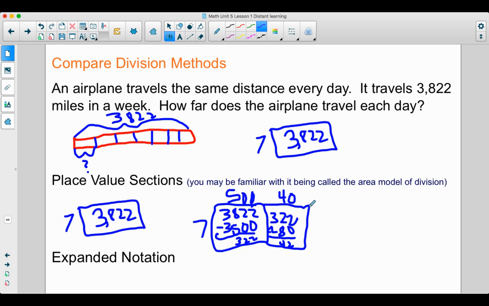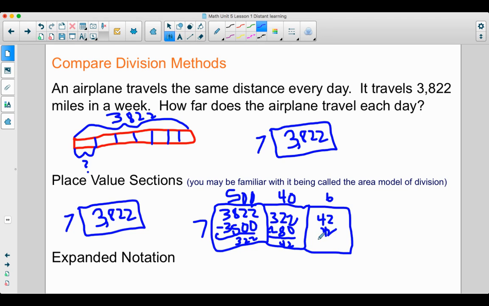So now I'm going to make, well, I had 4 10s left and 2 1s. So now I'm going to make a box for my 1s, and I have 42 1s left. How many 7s go into 42? That would be exactly 6 groups of 7. 6 groups of 7 are 42.